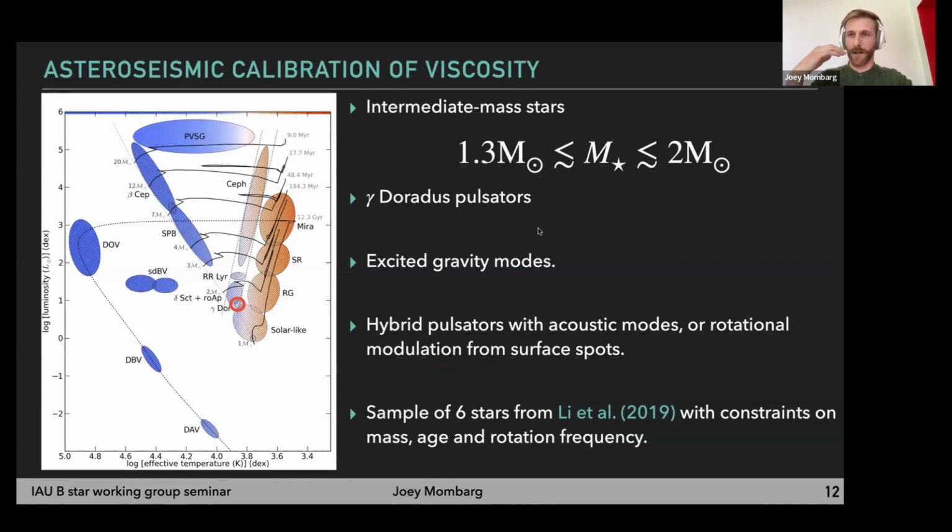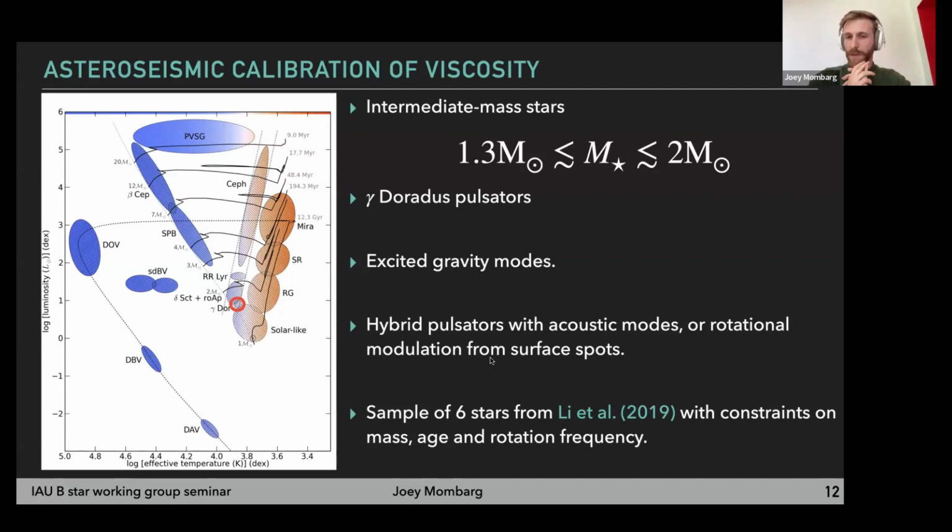In addition, a subsample of those are hybrid pulsators that have acoustic modes or rotational modulation, and from that we can also get the rotation rate at the surface. This is kind of more tricky to do for higher mass stars, at least to get the rotation at the surface in combination with the near core rotation rate.